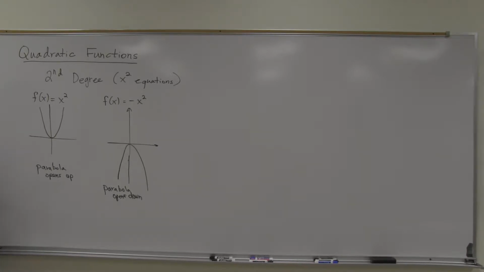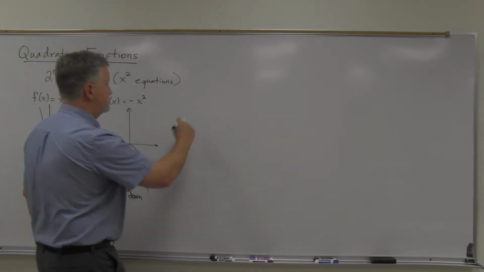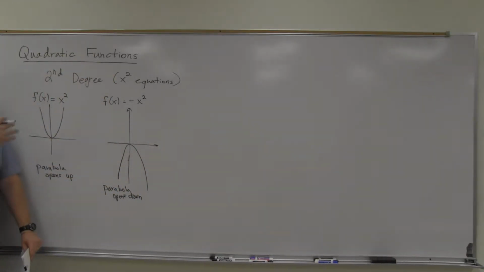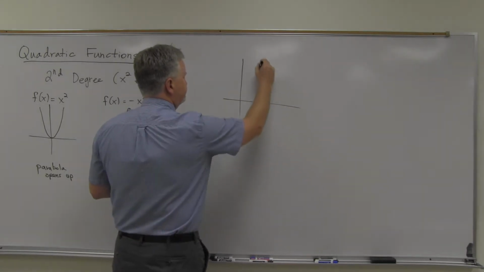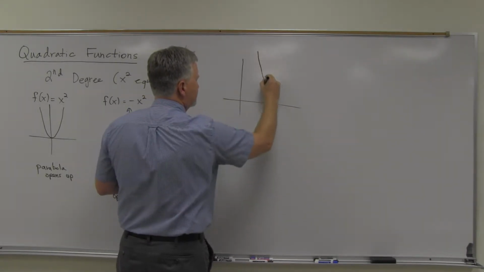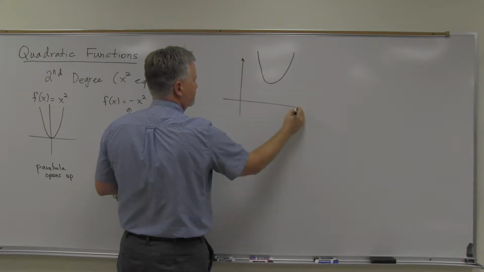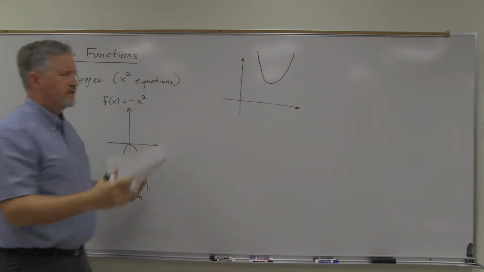Now let me draw another one, because of course we'll do much more complicated ones than these. What will happen is we'll have parabolas, but they'll be shifted and different things will happen to them. So let me just draw one in general and talk about it. Let's say this one's shifted up here in the first quadrant. It doesn't really matter.